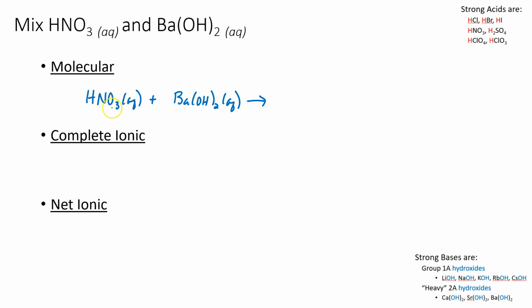Nitric acid is composed of H plus and NO3, and barium hydroxide is composed of Ba2 plus and OH ions. Our first product is just going to be HOH, or water, and we always define water as a liquid. And our other product is going to be barium nitrate. Again, be careful with your charges. Barium is a +2, nitrate is a -1, so we're going to need 2 nitrates in the formula.